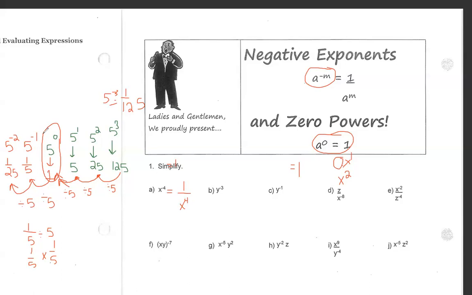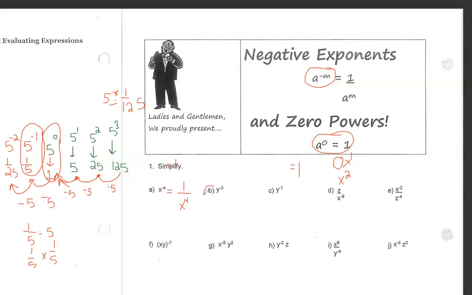Because here we showed that the negative exponent is just the reciprocal of that answer. And then notice how there's no longer a negative exponent by it. So what you do is you flip it and then you change it to a positive. That's the rule. So if you want to write that down, how do you simplify a negative exponent? You flip it and you change it to a positive.